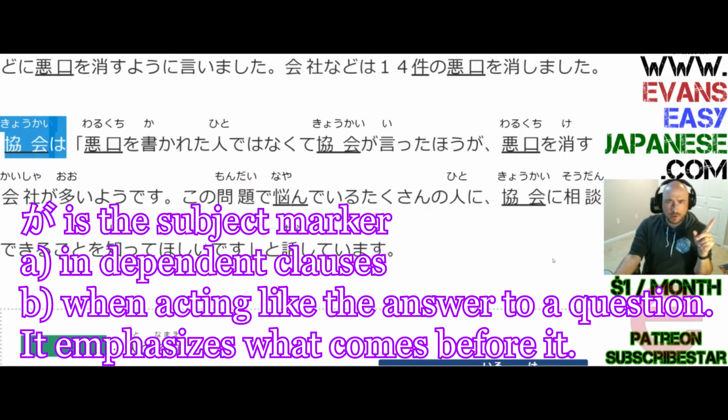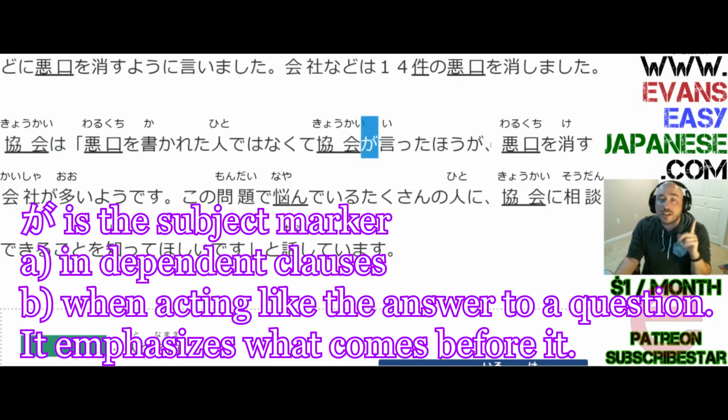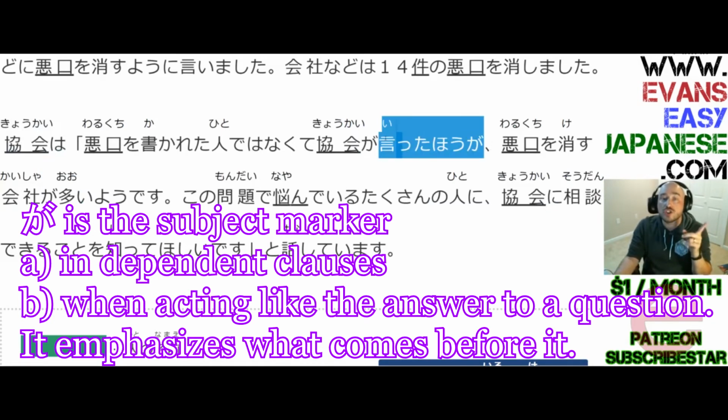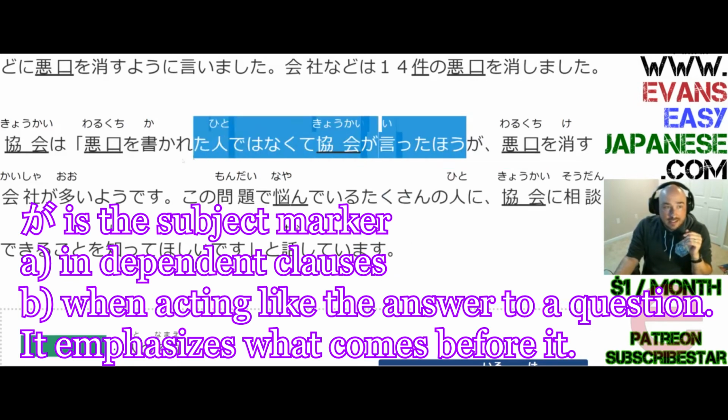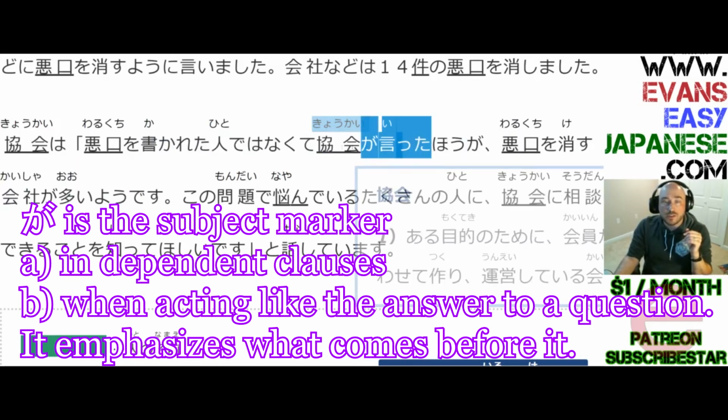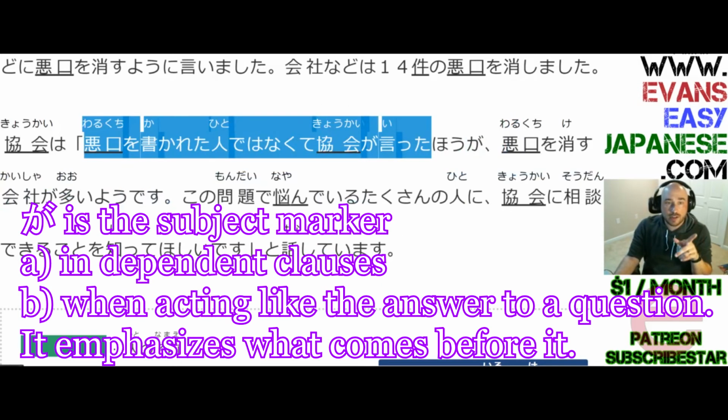Excuse me, I must have the Rona. The reason why it's a ga here is because it's the important part of who should say it, like the important part of this sentence right here, like if we go with ita right here, if we look at this whole thing right here, and it's just somebody says something.